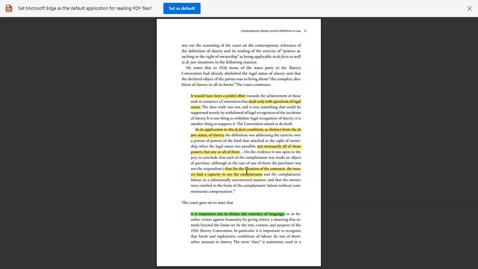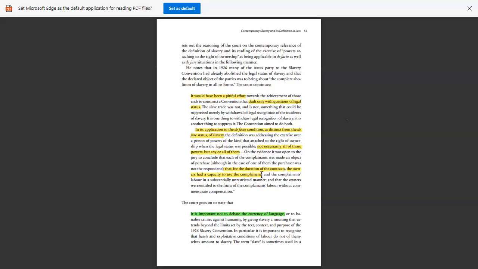So for the duration of the contracts, the owners had the capacity to use the complainants. Now, is that what's happening when one person comes and complains to a court, and then during the duration of the contract, the owner has the capacity to use the complainants?